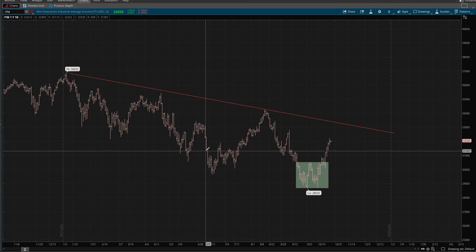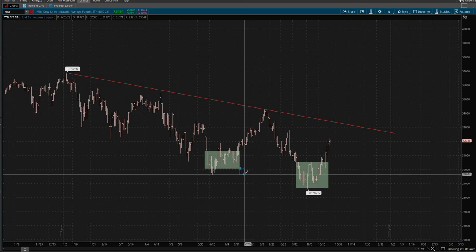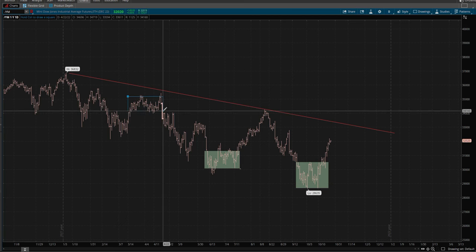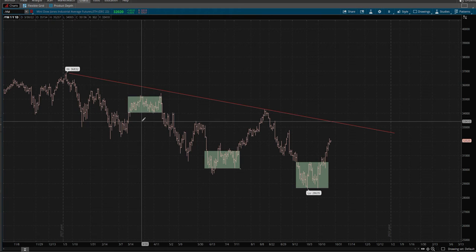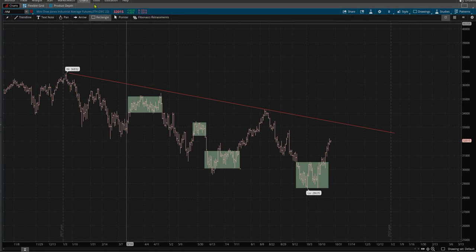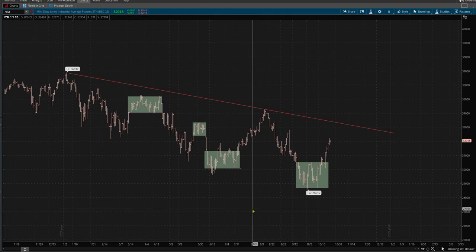So we got another balance area right there, and you got another one here, and you got another one here. There's no shortage of balance areas, and that means there's no shortage of trades.